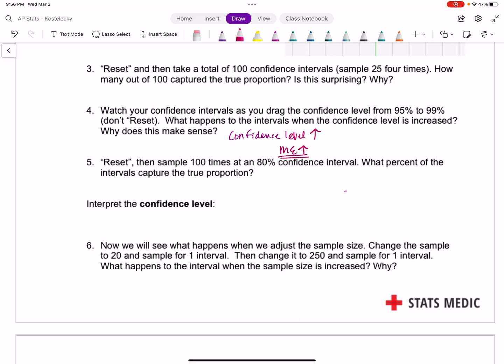For number 5, down here, interpreting the confidence level. So here's our interpretation.